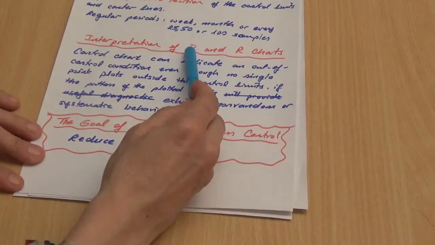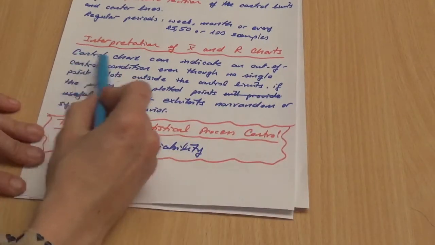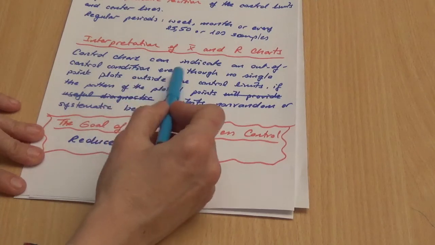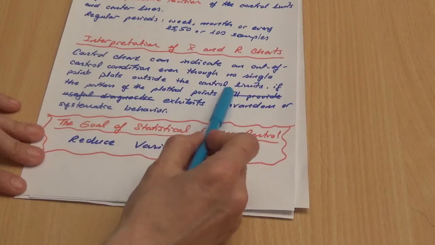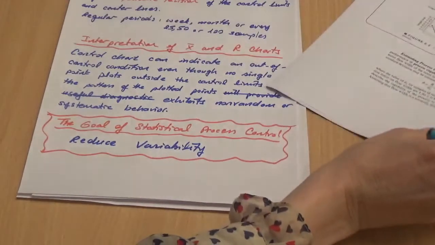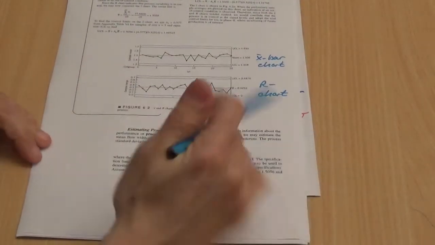Interpretation of X bar and R chart. This is very important. A control chart can indicate an out of control condition even though no single point plots outside the control limits. So let's look at our example. We saw that there wasn't any point out of limits.